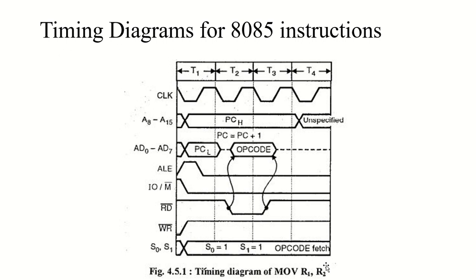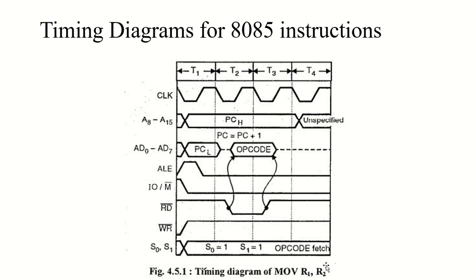And remember, whenever we have a register to register transfer, that instruction is always only 1 byte. So this instruction doesn't require data from memory, and it doesn't store any data to memory either.